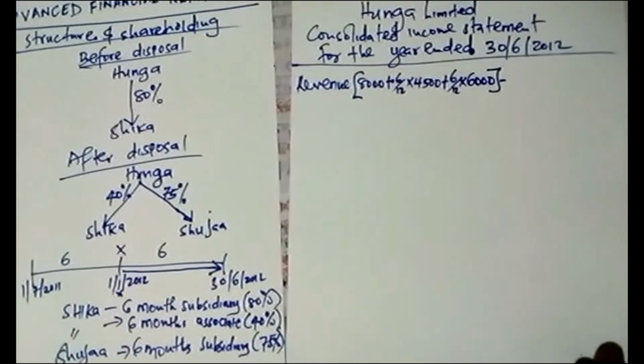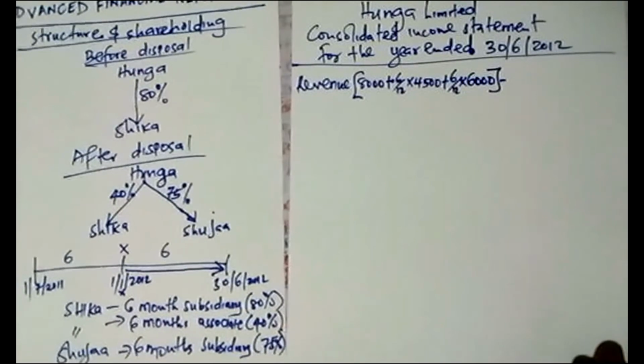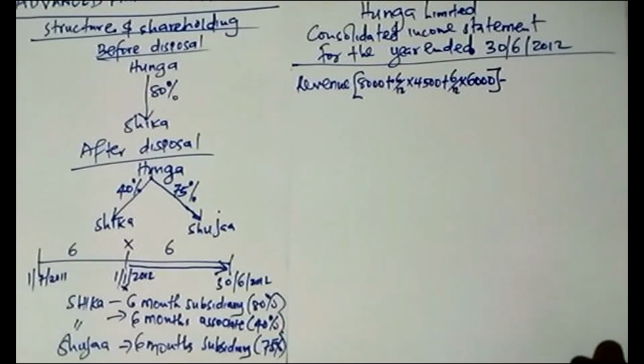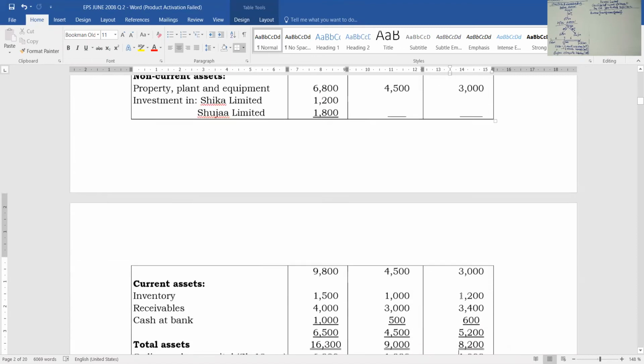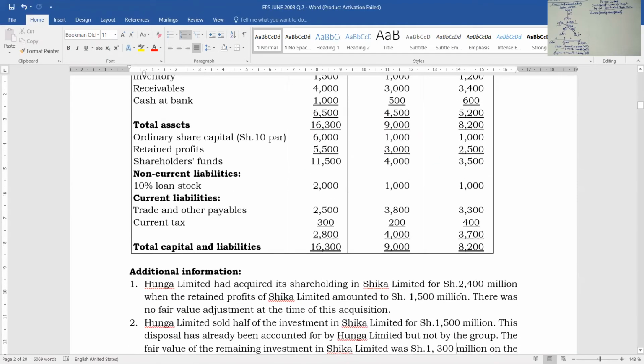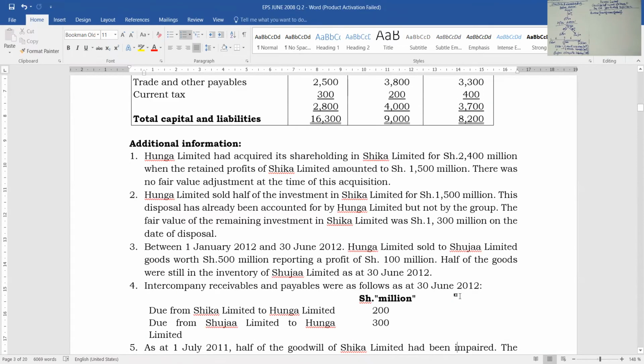Then under revenue, the only thing we always subtract is intergroup sales, and these intergroup sales must be between the parent and subsidiary. There was an intergroup sale in additional information number 3.